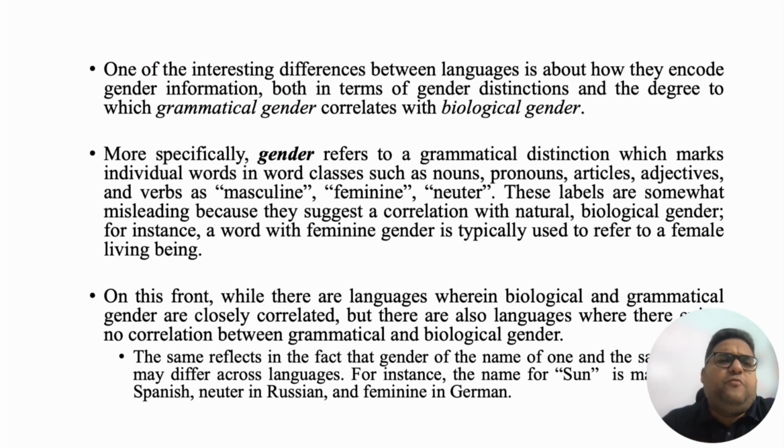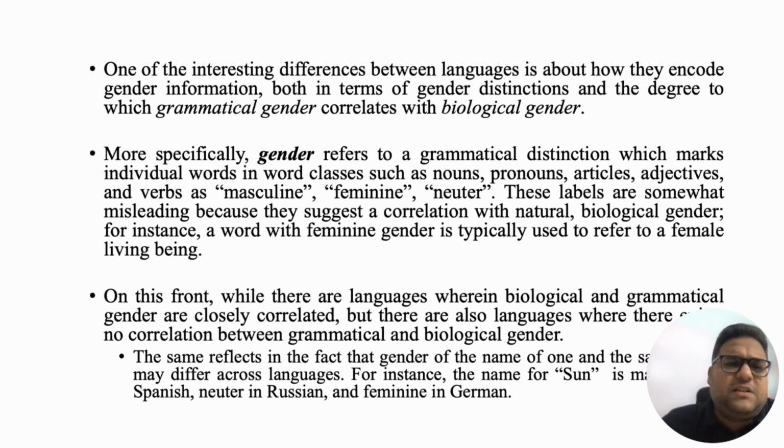Now, one of the very interesting differences between languages is how they encode gender information, in terms of gender distinctions and the degree to which grammatical gender correlates with biological gender. More specifically, when I'm using the term gender, I'm referring to a grammatical distinction which marks individual words in word classes such as nouns, pronouns, articles, adjectives, and verbs as masculine, feminine, and neuter.